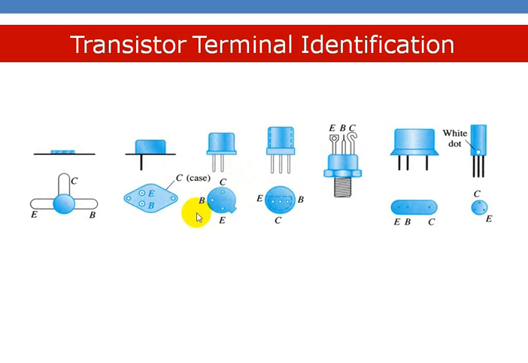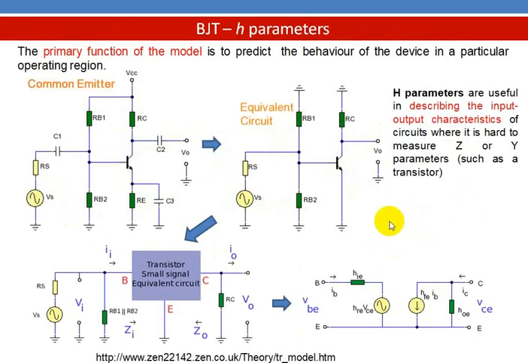If you move in the clockwise direction, the middle one is the base and this one is the collector. Similarly, if you take the plastic package and turn it upside down, the left terminal will be the emitter, the middle terminal will be the collector, and the right terminal will be the base. Similarly, you can identify the terminals for different packages.